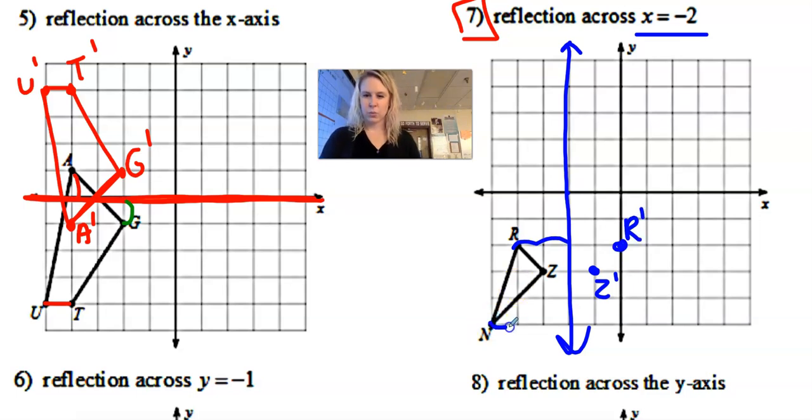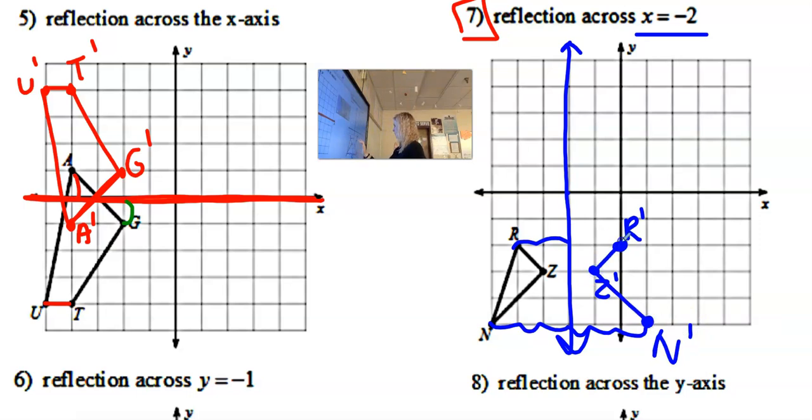And then N was 1, 2, 3 away, so 1, 2, 3. N prime, connect your dots. So that is how you graph an image over an axis or over a line. Don't forget your primes.